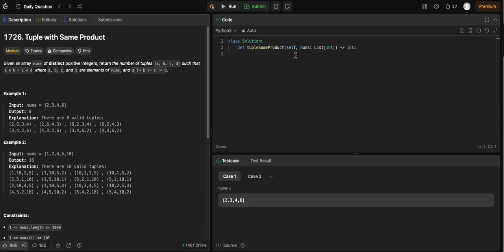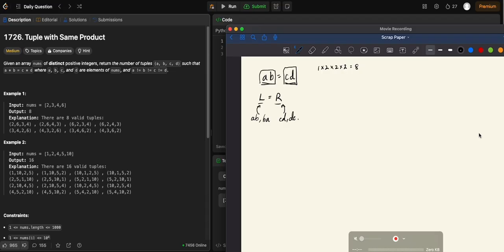Now the last question is, how are we going to count how many sets we have here? Well, I did say my first thought is just multiplying all of the pairs, and we see how many of the same products there are.